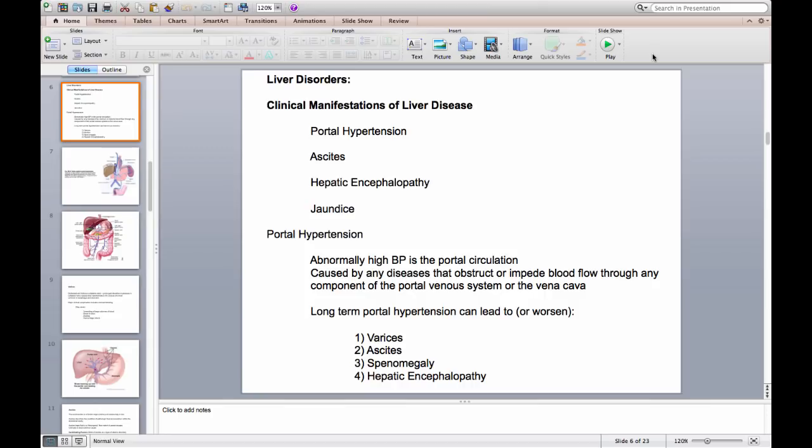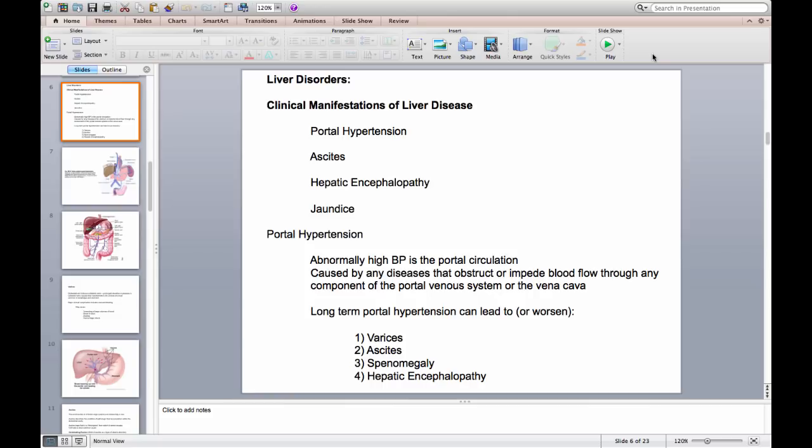Why does the pressure in the portal vein elevate? Fibrosis, right. So for our purposes, what we're looking at is portal hypertension as a result of cirrhosis, which is this chronic inflammatory process leading to the fibrosis of the liver. Once we get to this fibrotic liver stage, it basically impedes the blood flow through the liver, elevating the pressure.